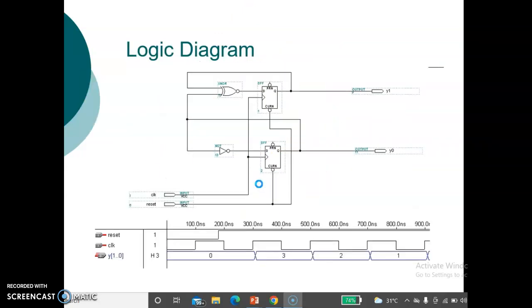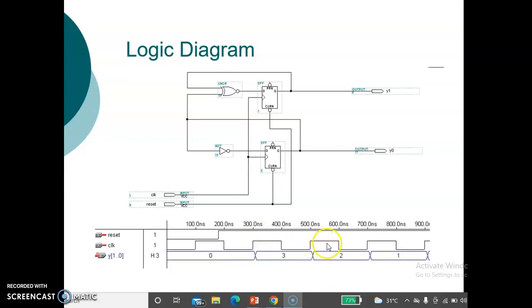Down counter 0 to 1. So 0 to 1 down counter. And then this output 3, from 300 nanosecond to 500 nanosecond.